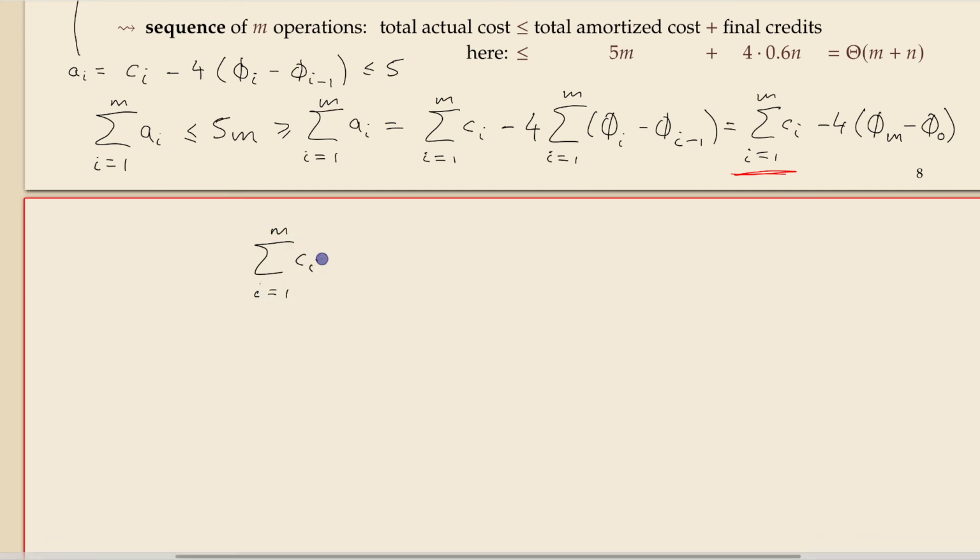And now we have an inequality less or equal 5m. And we bring this to the other side. So plus 4 phi_m minus 4 phi_0. And because our potential was never negative, we know that we can just drop this and it only gets bigger.